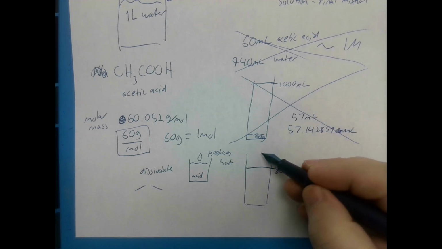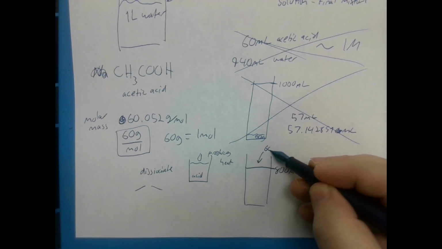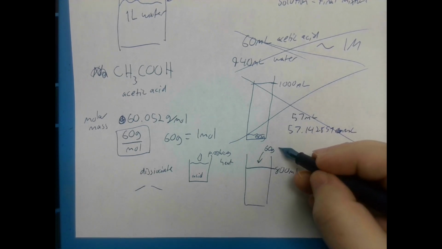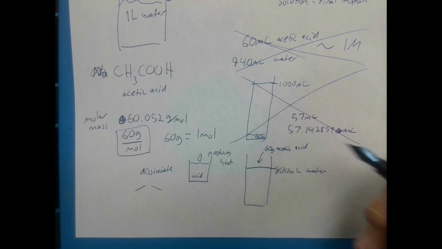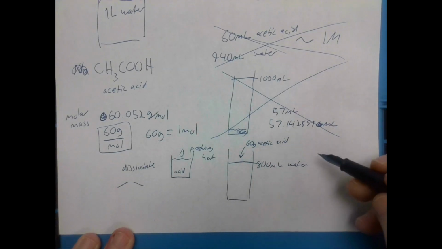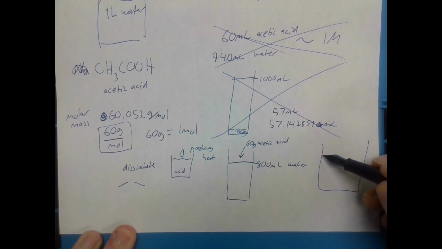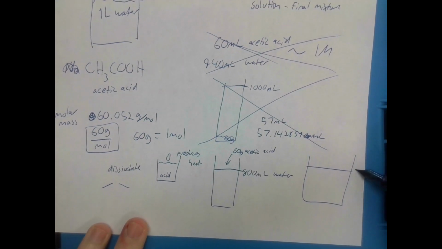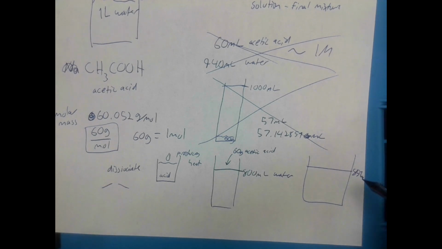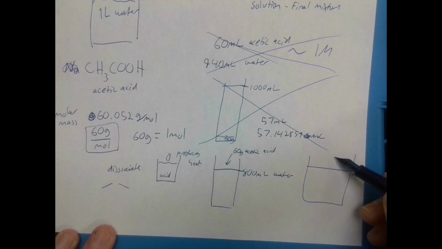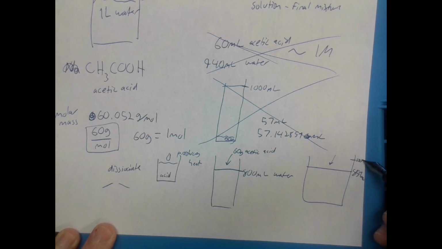So I then put 60 grams of acetic acid in here. And that will increase the volume to, it doesn't really matter, 857 milliliters. All I care about is the final volume. So I'll pour more water until it reaches 1,000 milliliters.